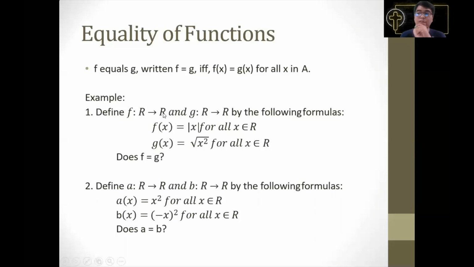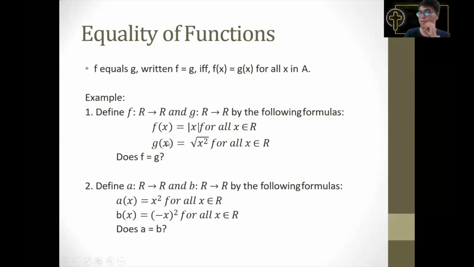They are defined by the following formulas. First, f of x is the absolute value of x for all x element of R. And g of x is the square root of x squared for all x element of R. Thus, is f equal to g? The answer is yes.